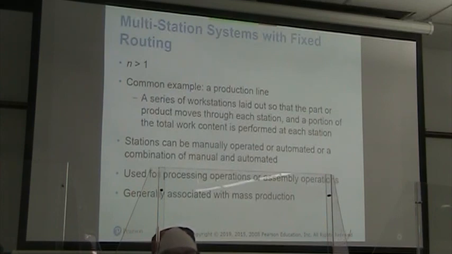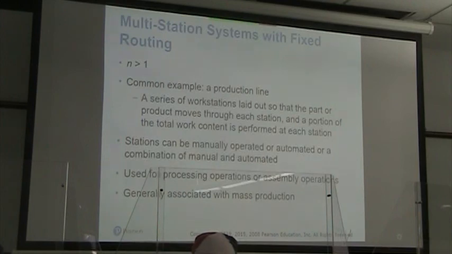All right, so a multi-station system with fixed routing, and our most common way of doing that is a production line. A series of stations, workstations laid out so that the part or product moves through each station and a portion of the total work content is performed at each station.